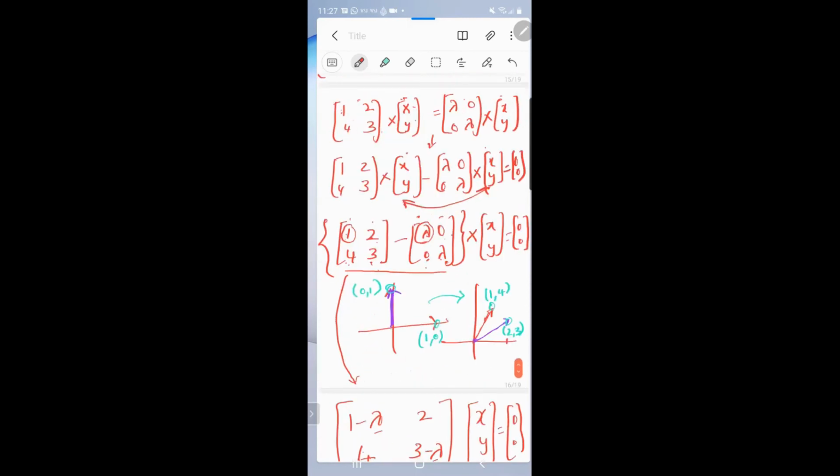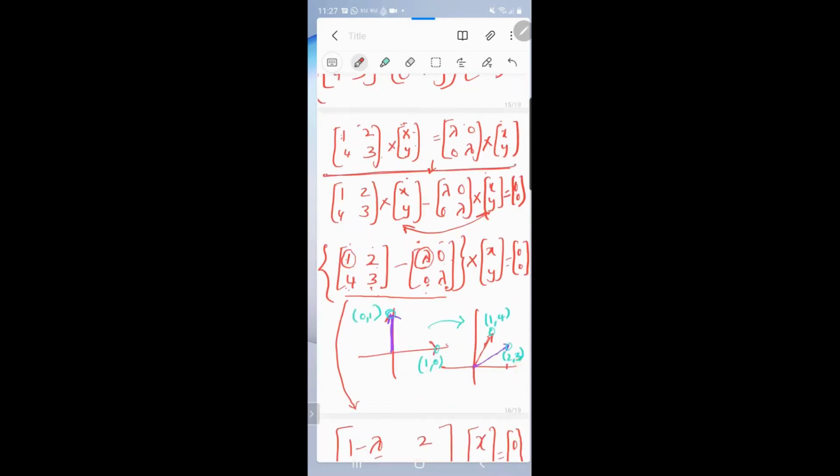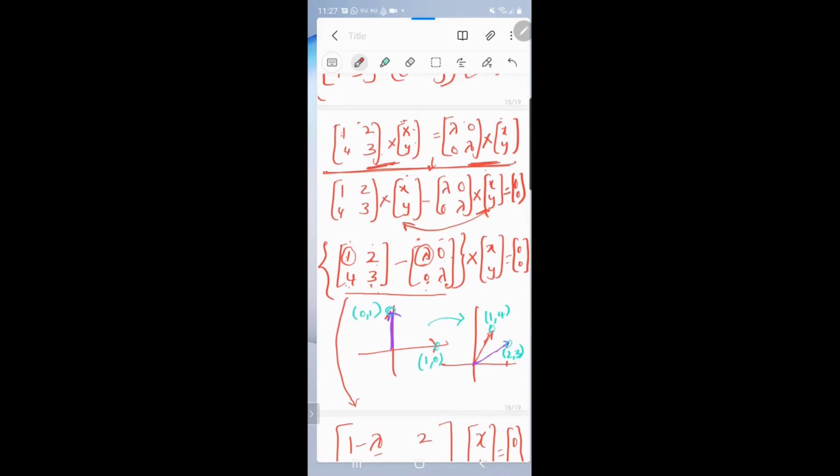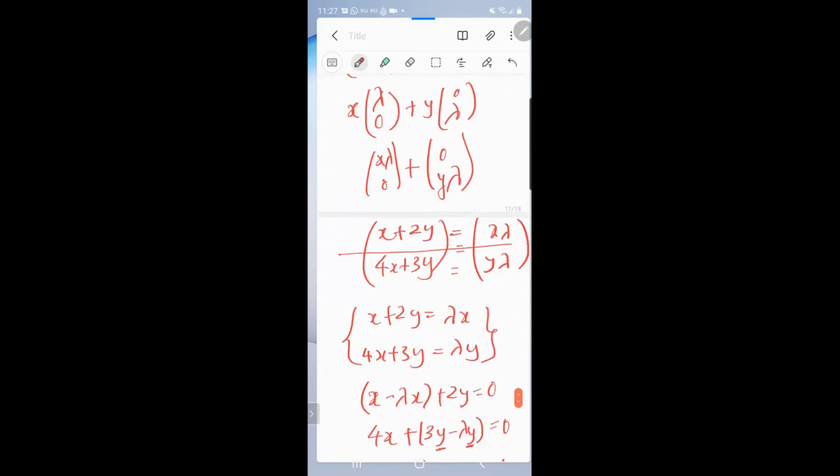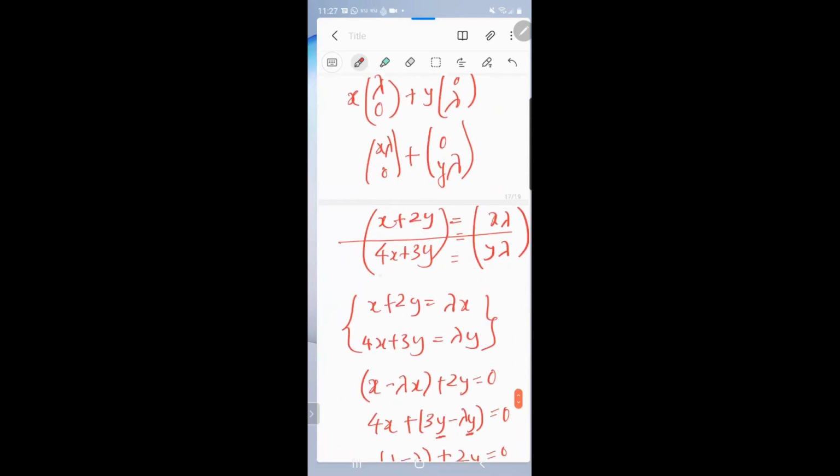This represents a set of two linear equations in two variables. So this is my left hand side, this is my right hand side of that equation. Is this clear, Shruti? Is this part clear?